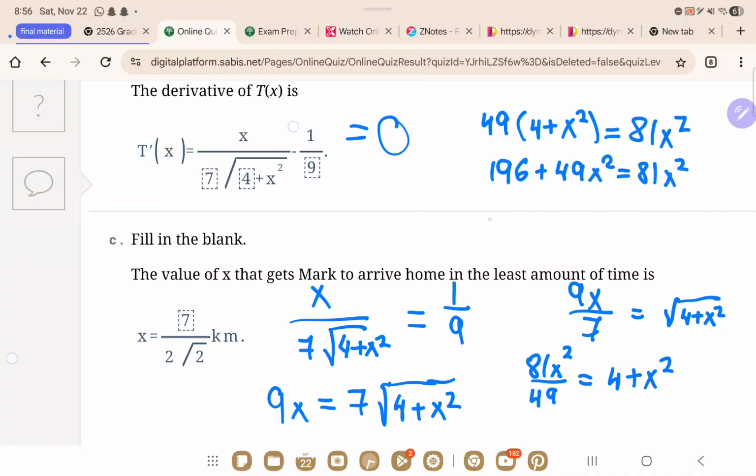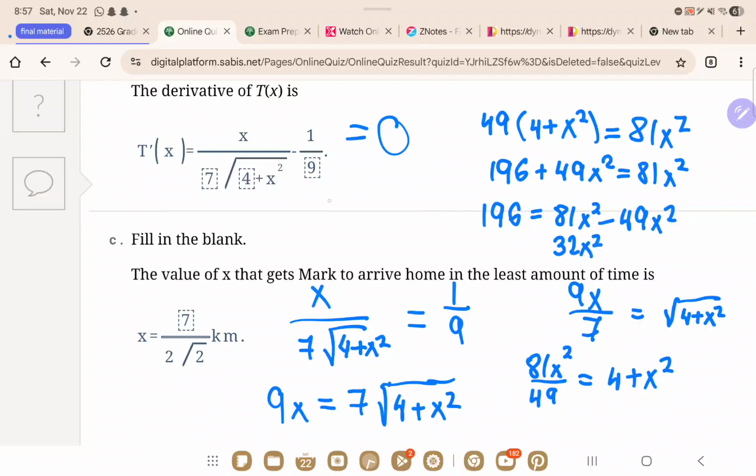So now we move 49x squared to the other side. 196 equals 81x squared minus 49x squared. 81 minus 49 is going to give us 32x squared.